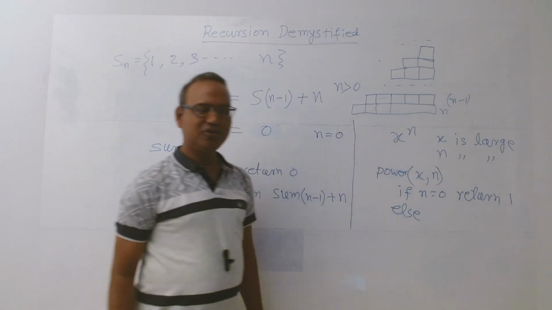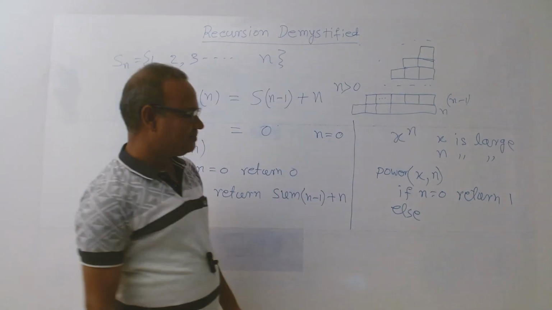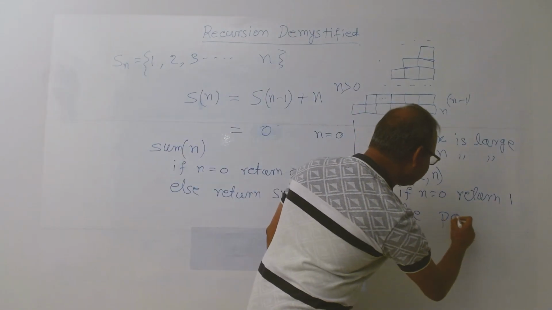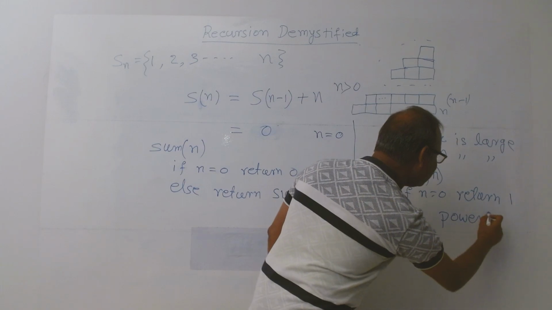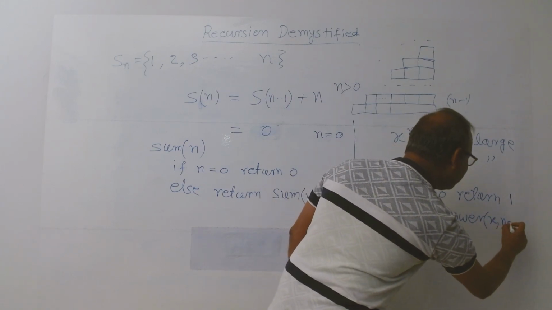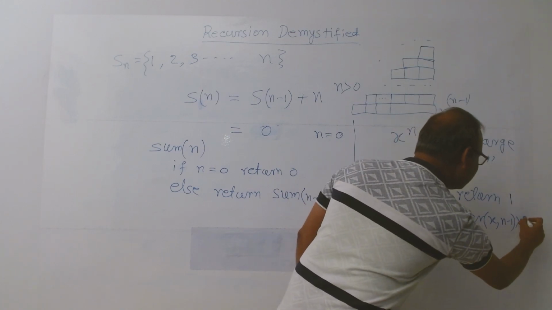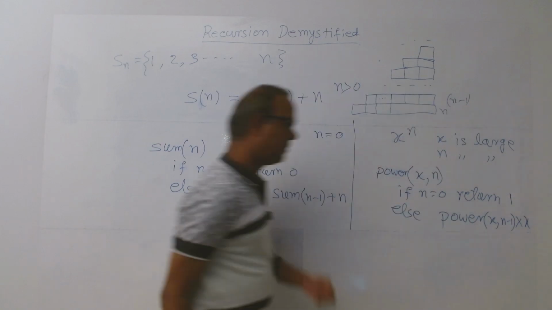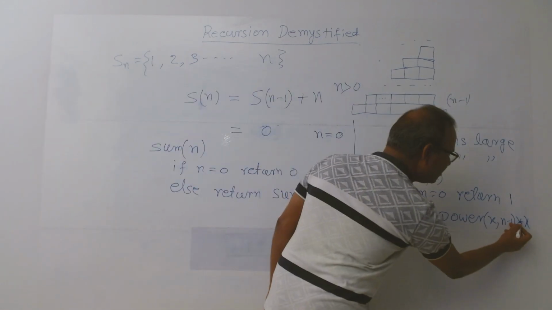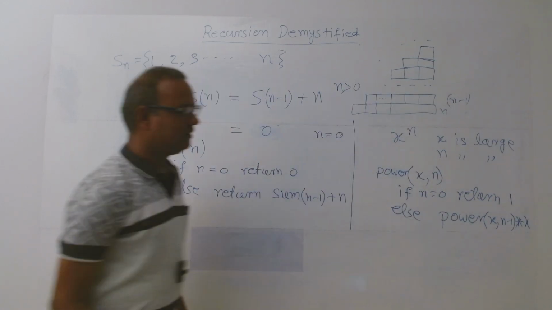else what will we do? Else we will return, let's say, power of x, n minus 1, into x. Okay, we can write the multiplication as a star.